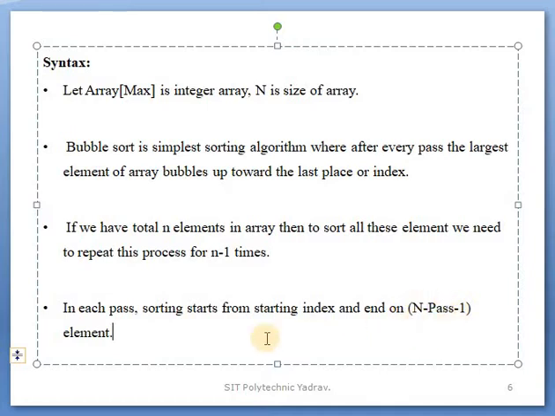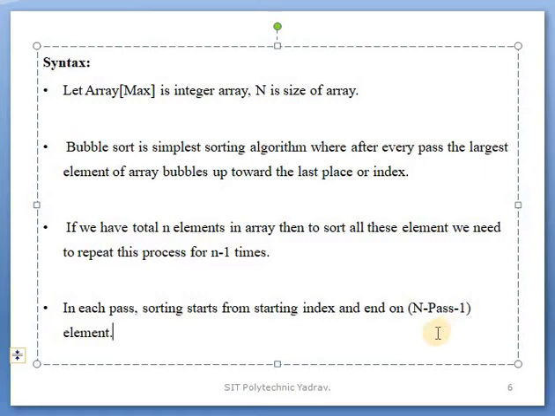The end element means the last element. This is because in the first pass the last position is already sorted, in the second pass the second last position is sorted, and so every time the last position moves one step to the left.